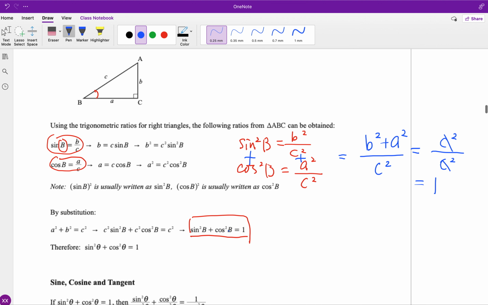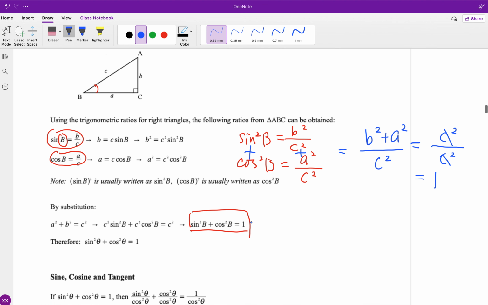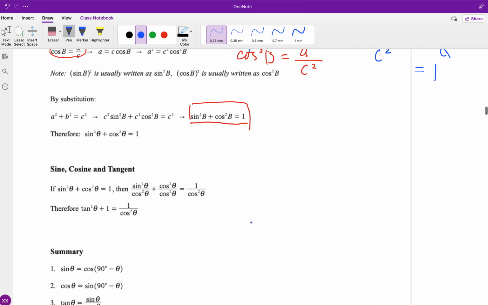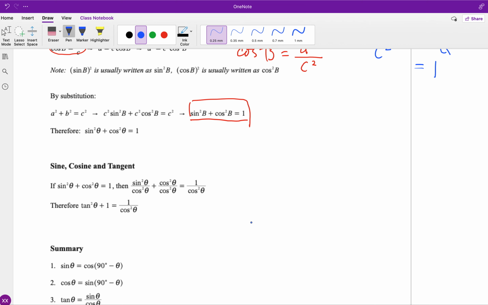Doesn't matter how much the angle is. Could be sine 73 degree square plus cosine 73 degree square, that still equals 1. Sine 1 degree square plus cosine 1 degree square, that still equals 1. Okay? All right, so now this is just a further derivative of these formulas.